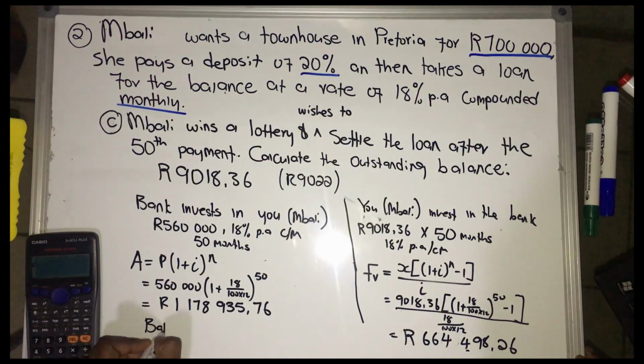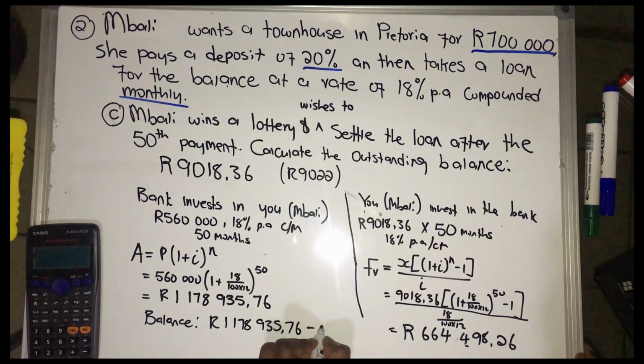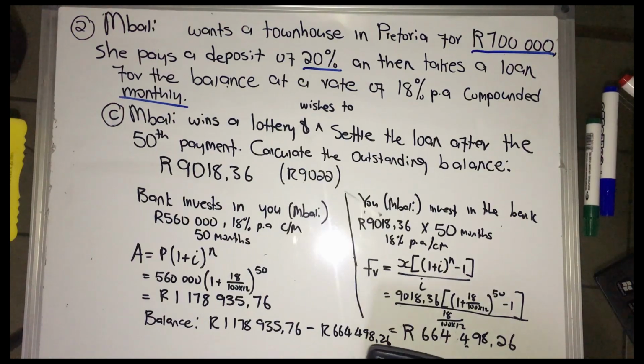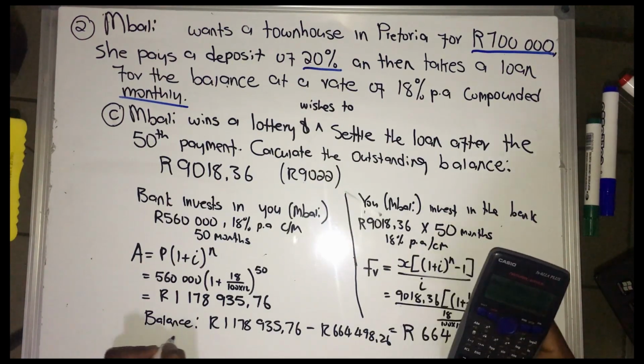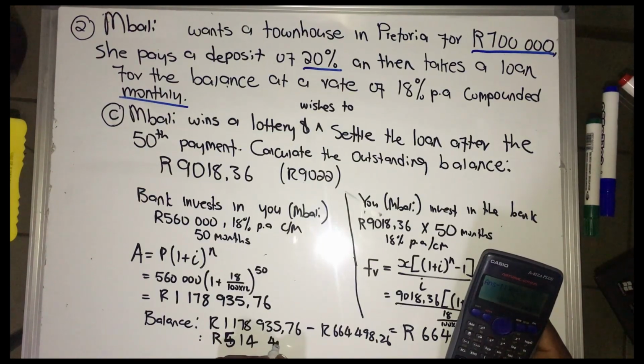So the balance would be this amount, 78,935.76 minus 664,498.26, and then that gives us a balance of 514,437 rands 49 cents.